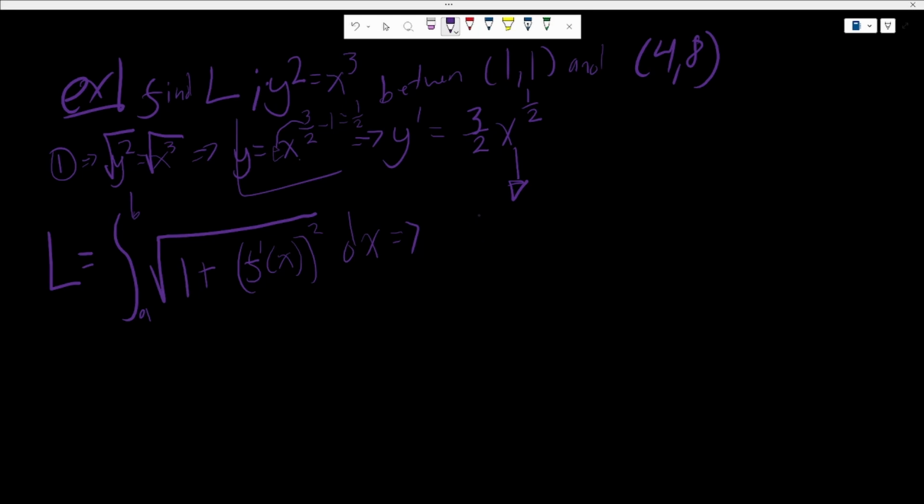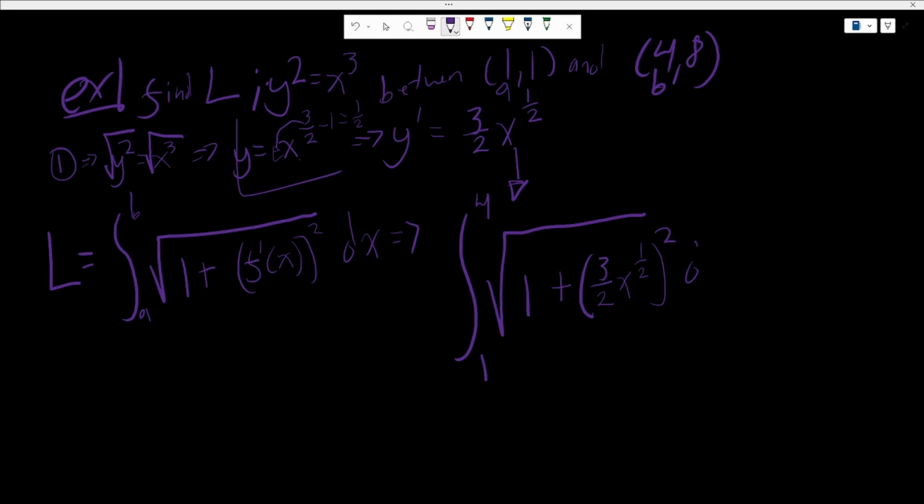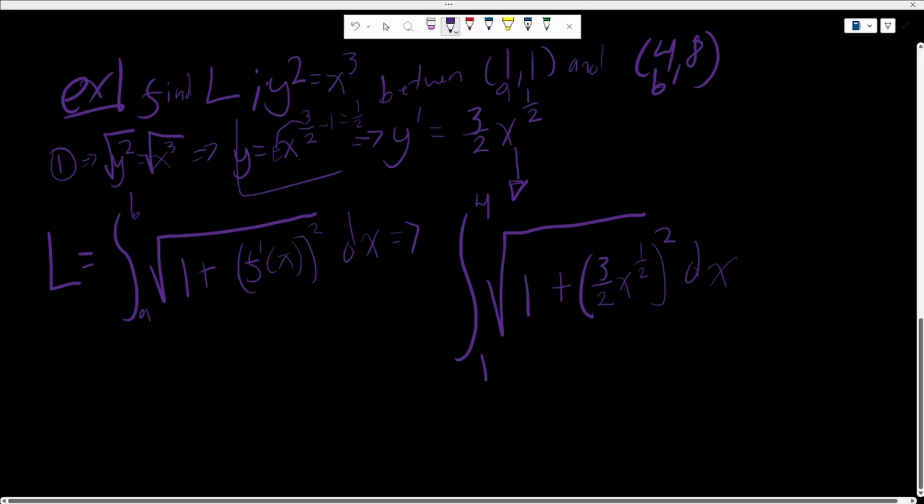And our bounds, remember, from a to b, so 1 to 4. And then we're going to have the square root of 1 plus 3/2 x to the 1/2 power squared dx. Now let's make some room.